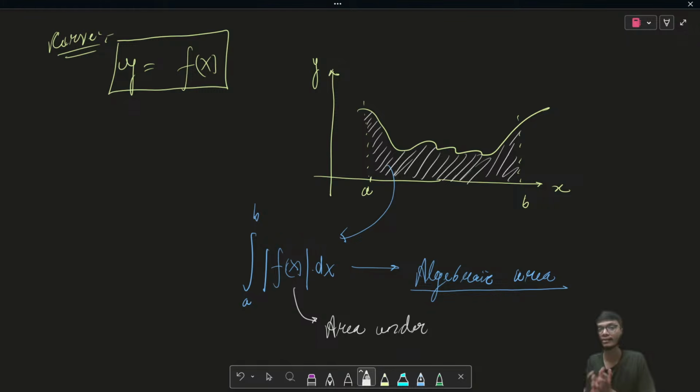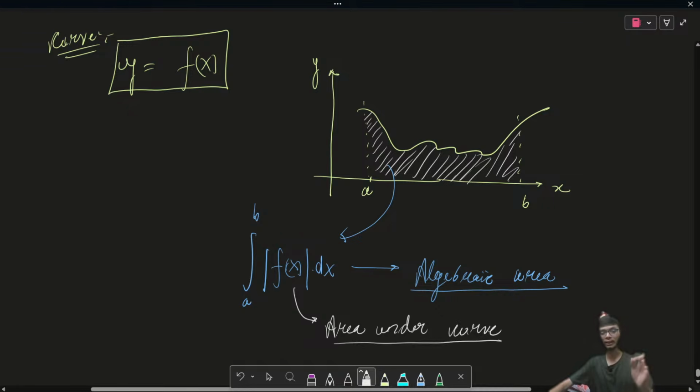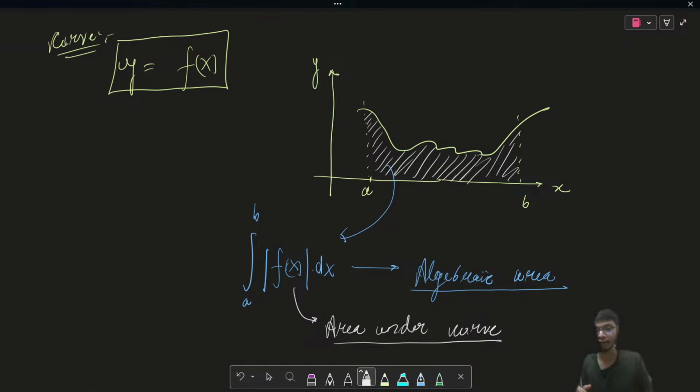It does not associate any sign, where the part above the x-axis is positive and the part below the x-axis is negative. Not like that. So area under the curve means the sum of the magnitudes of the area, and definite integral is the algebraic sum of area. I hope this is clear, right?